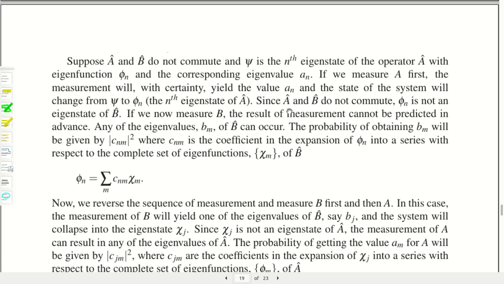Now since A and B do not commute, phi n is not an eigenstate of the B operator. We have done this problem earlier.